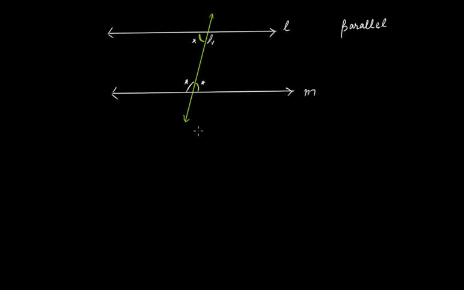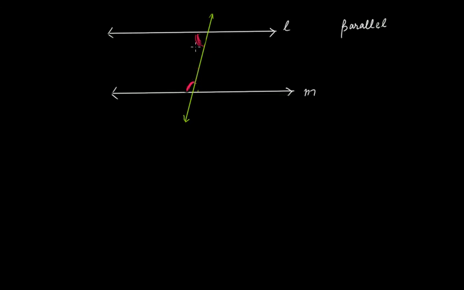Point number one. Point number two: if it is given to you that a transversal intersects two lines in a way that the interior angles on the same side of the transversal are supplementary.